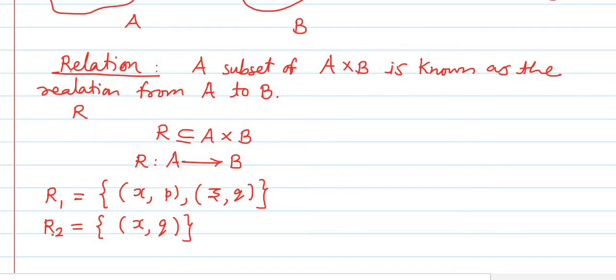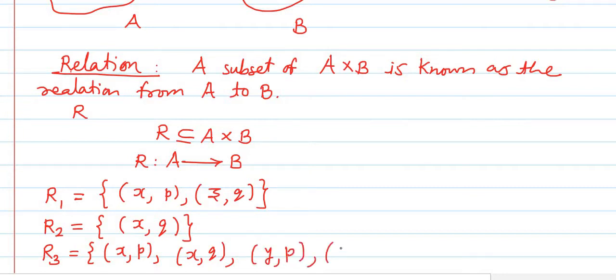Then again R2 is a subset of Cartesian product A cross B, therefore R2 is also a relation from set A to set B. Next we will consider R3, and suppose it is the set consisting of elements (x, p), (x, q), (y, p) and (z, p).